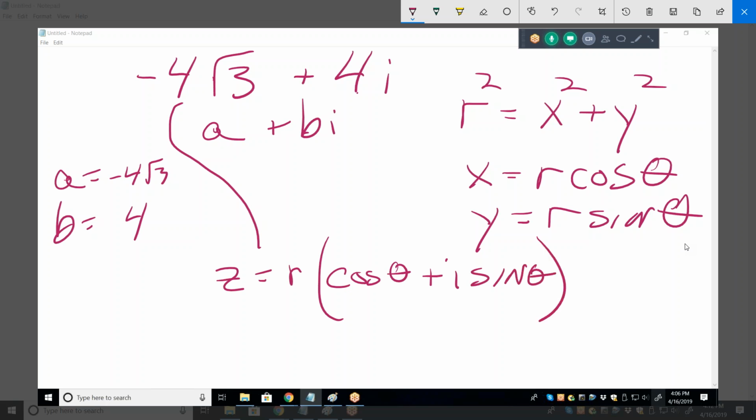So we've got to get this a plus bi into this. Well, yes, sir. When we went the other way around, we were able to... okay.